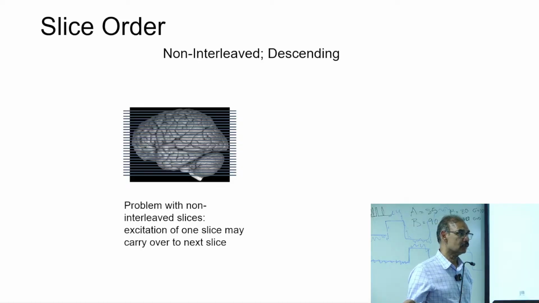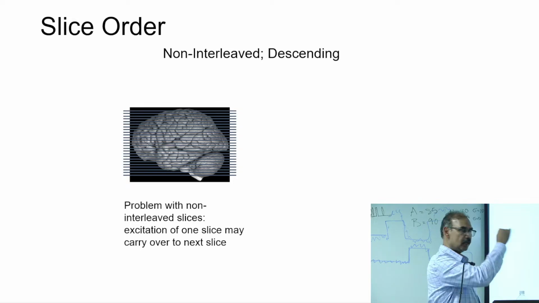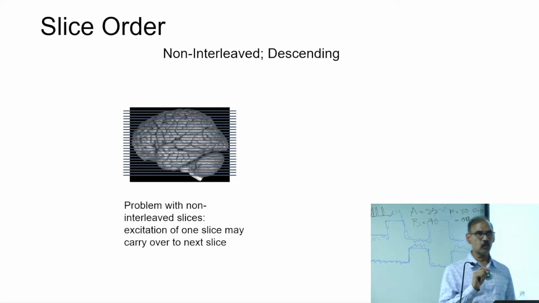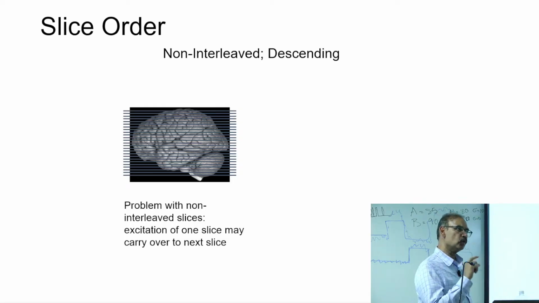How much? 1.8 seconds, right? If it is 20 slices, sorry, 1.9 seconds. If each one is getting collected at 100 millisecond, 200 millisecond, 300 millisecond, then between the first one and the last one, there is going to be almost a 2-second difference, right?